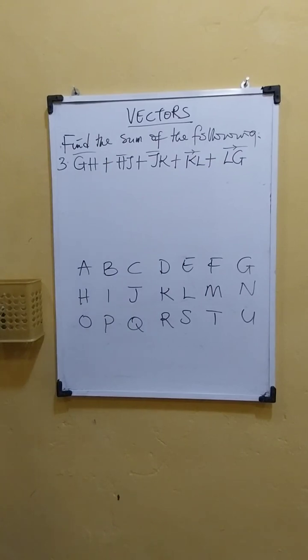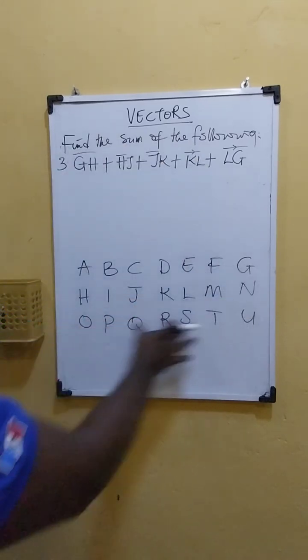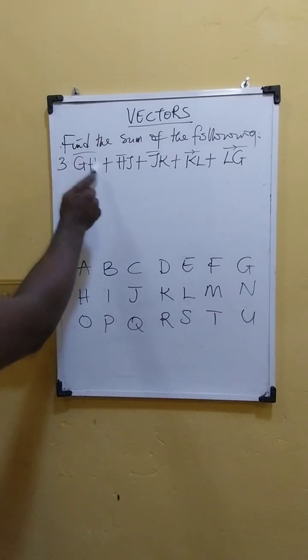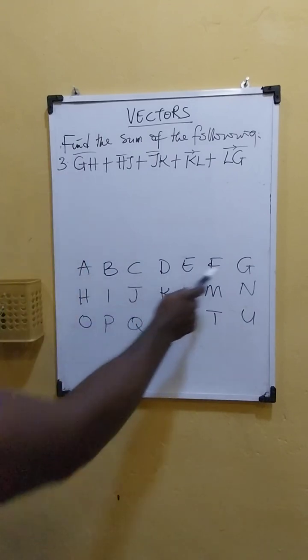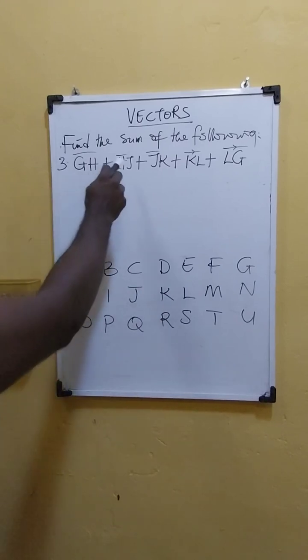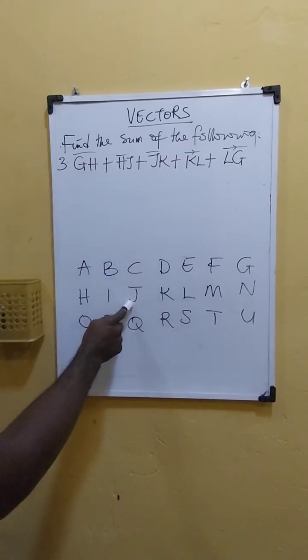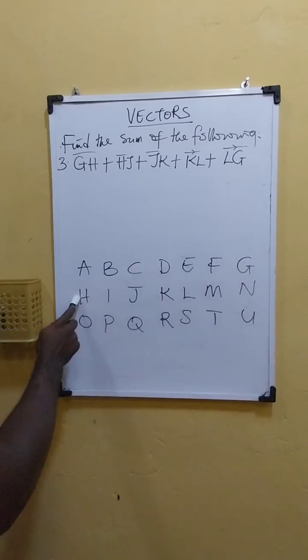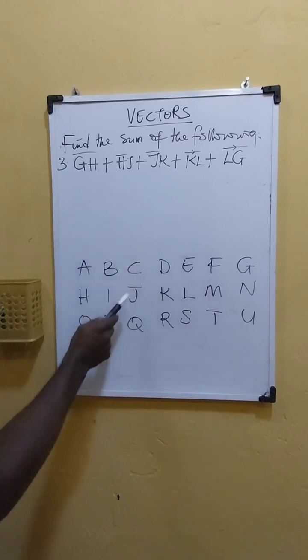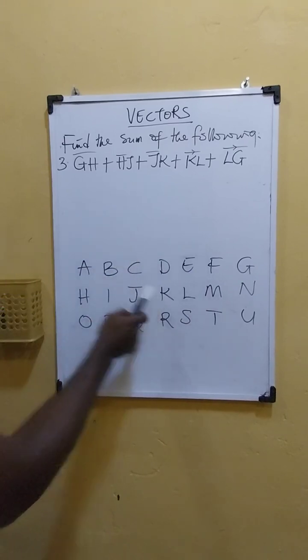So let us go ahead. We look at the arrangement with alphabetical order. We look at GH. This is in order. Then HJ. HJ is in order. Then JK. This is in order.